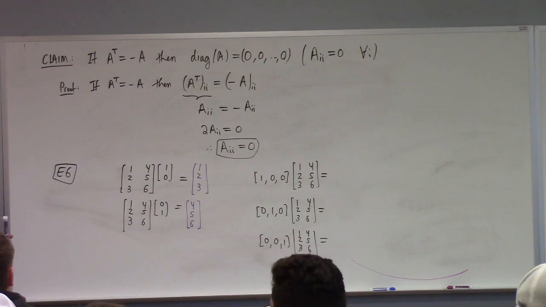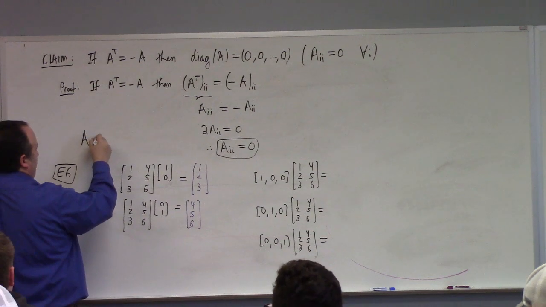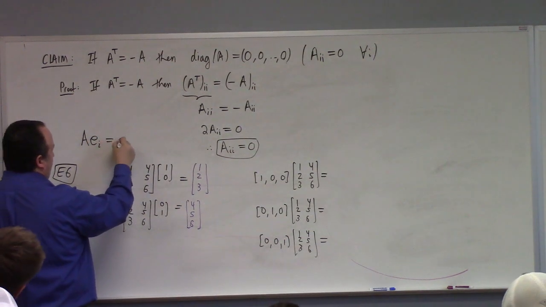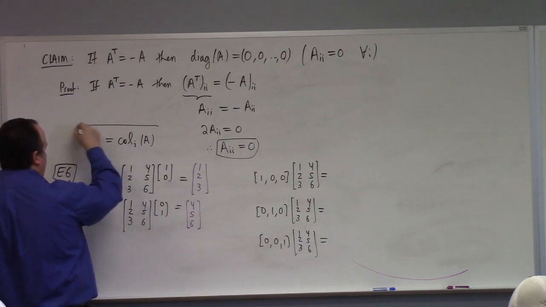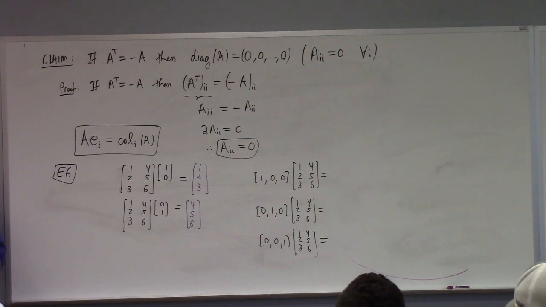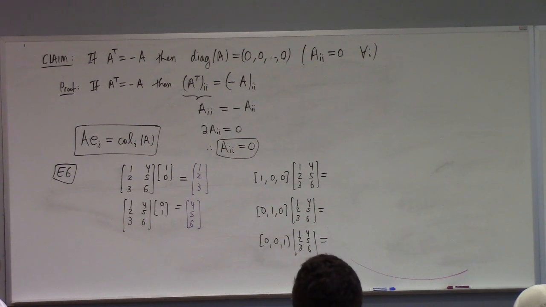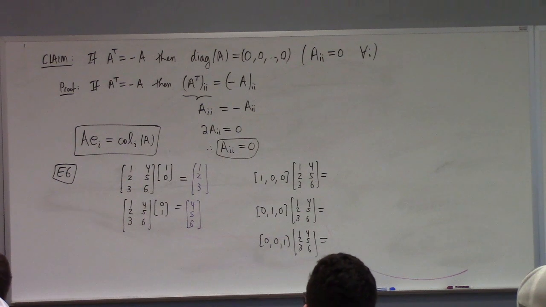Generally speaking, if you take a matrix A times the ith standard basis element, you get column i of A. This is a general rule of matrix multiplication. If you want to select the ith column of a matrix, simply multiply by the vector which has a 1 in the ith component and 0s elsewhere. That's what that does. How about over here?